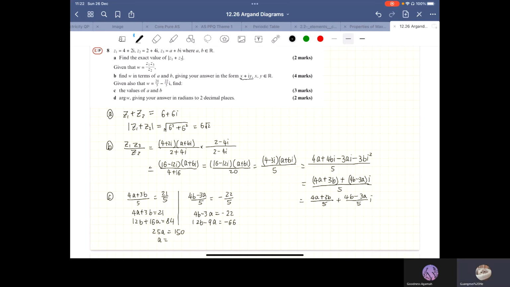So a is 6. And if we plug a to be 6 into any of these four equations, it will be okay, preferably the first two. Can you tell me the value of b, please?